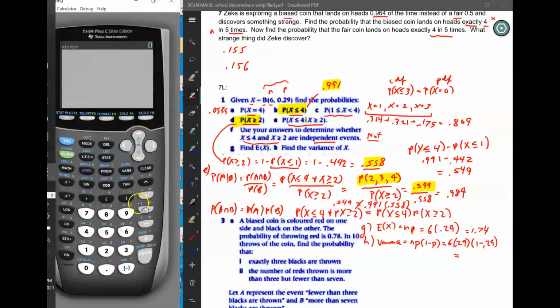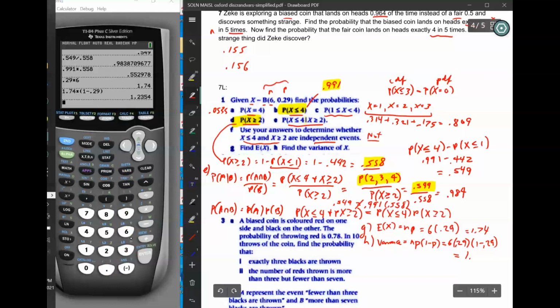We just grab that, and then we multiply it times 1 minus 0.29. That's 1.235 or 1.24. Okay, so that's the variance.